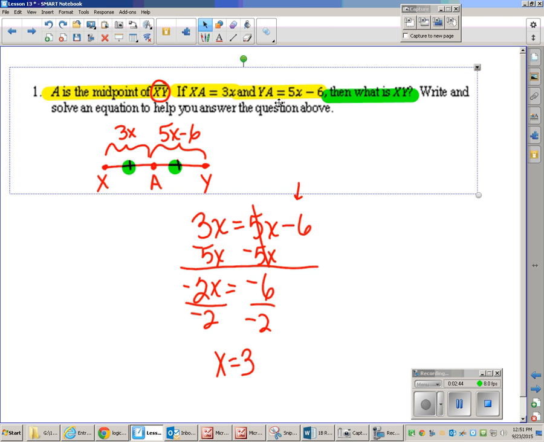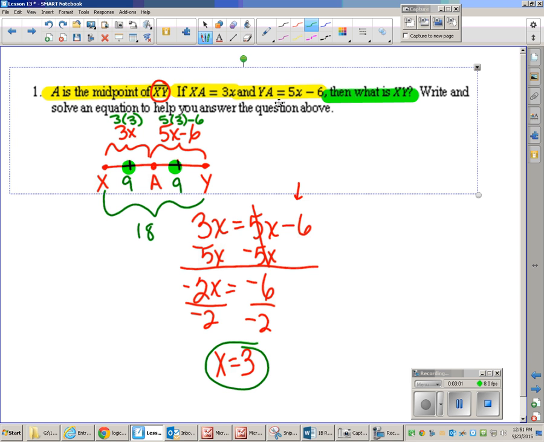Well, since I know that x is 3 now, if I stick 3 back into this problem, 3 times 3 makes this part 9. 5 times 3 minus 6 makes this part 15 minus 6, also 9. So XY is 18. So the answer to my question is XY is equal to 18.